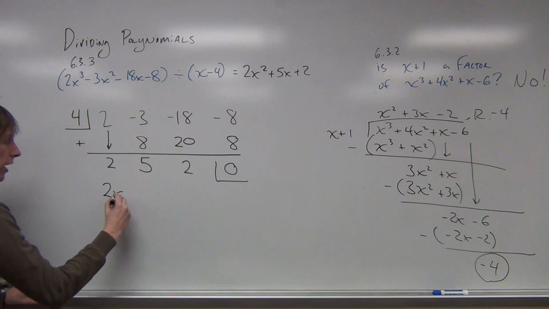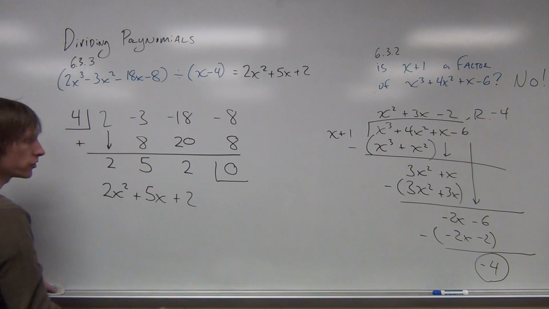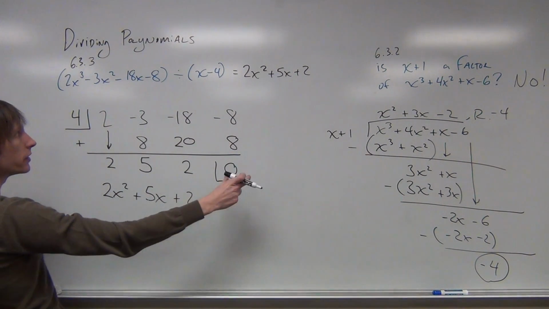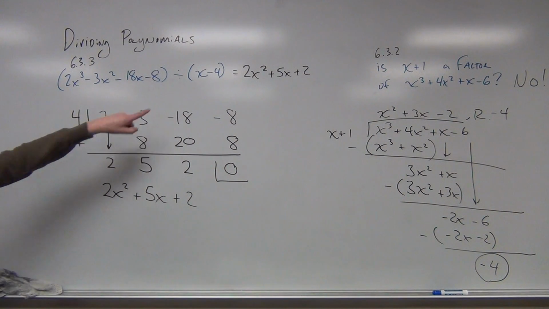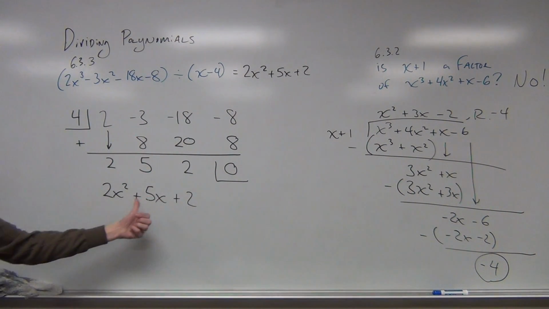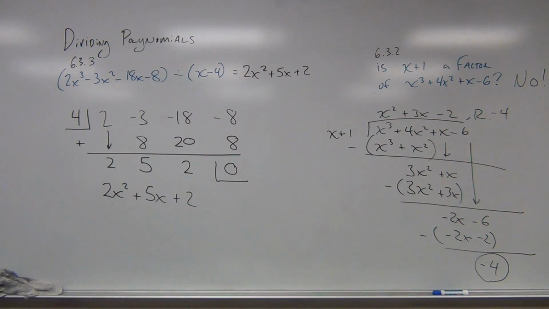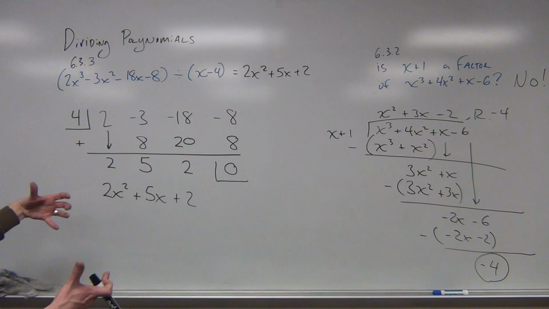This is actually 2x squared, a positive 5x, and a positive 2 with a remainder of 0. So when I divide this expression by this expression, I get 2x squared plus 5x plus 2. Synthetically, this took up a lot less space.